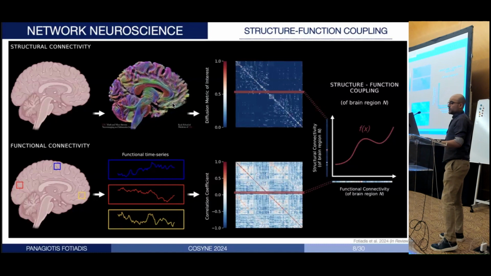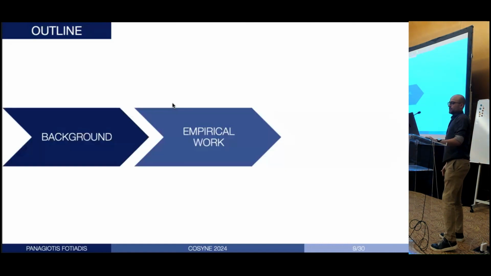So if you have a brain region that has high structure-function coupling, this is a brain region whose functional connectivity mirrors, from a correlation standpoint, the underlying structural connectivity. All right, with that out of the way, I just wanted to mention some of the results that we recently published on this topic.